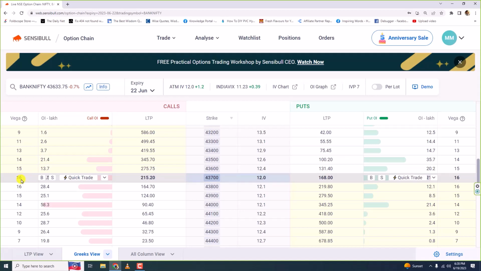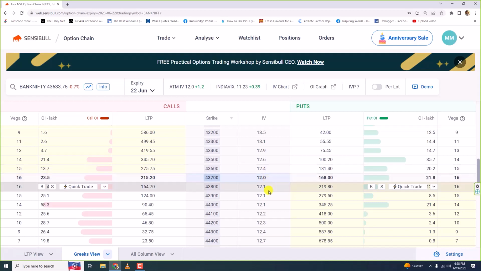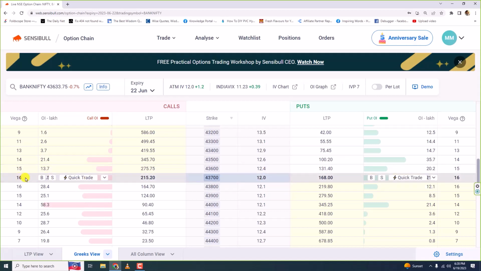And this Vega value keeps reducing as the expiry nears. As we go nearer to the expiry, the Vega value keeps decreasing. What I mean by decreasing is, even if the IV doesn't change to 13 or 11, the Vega keeps decreasing as we near the expiry.